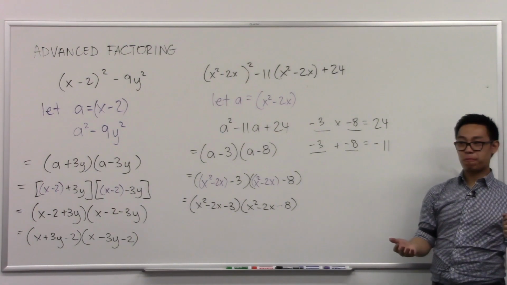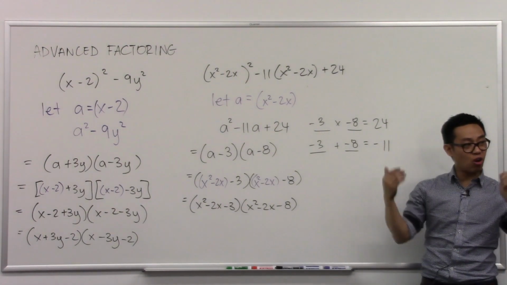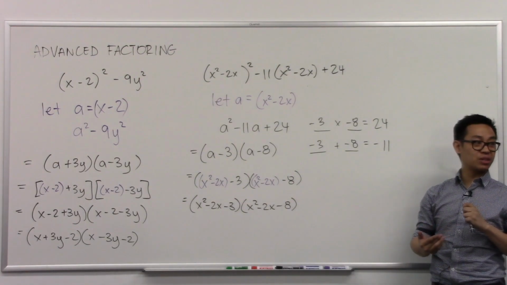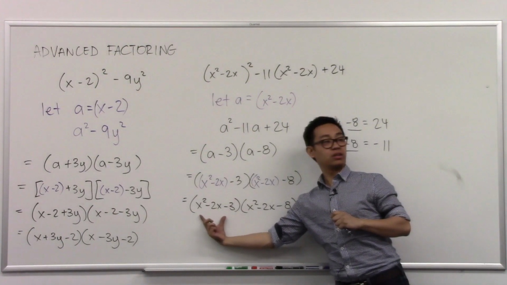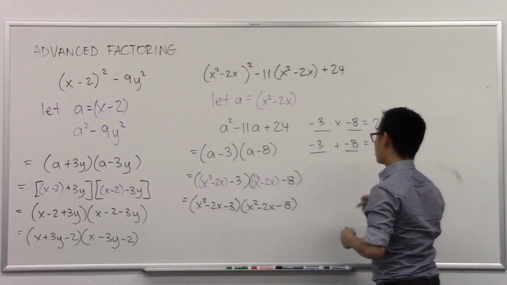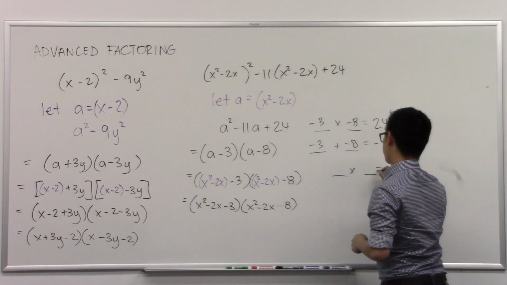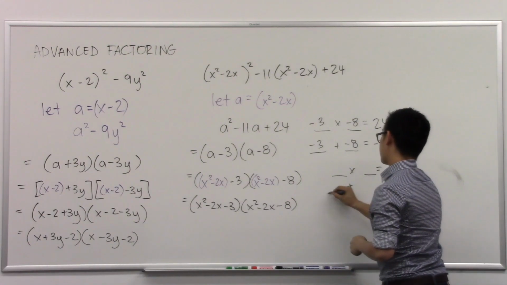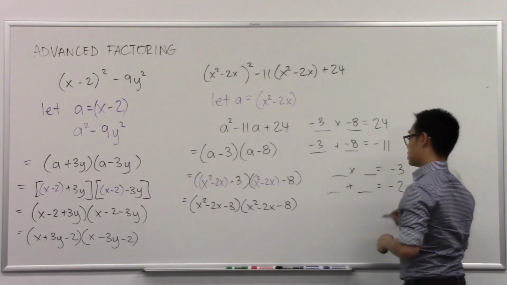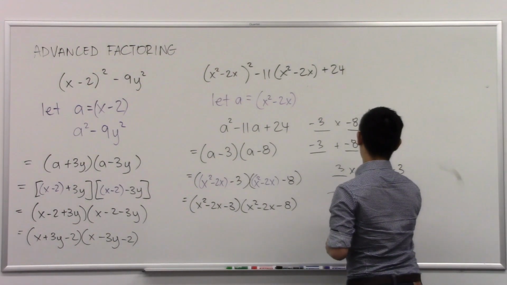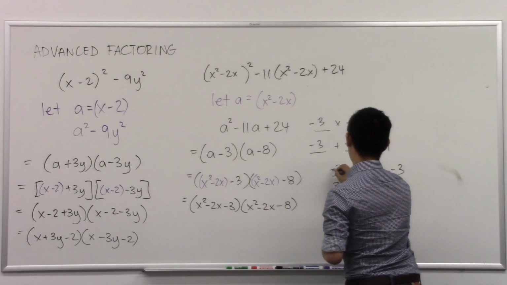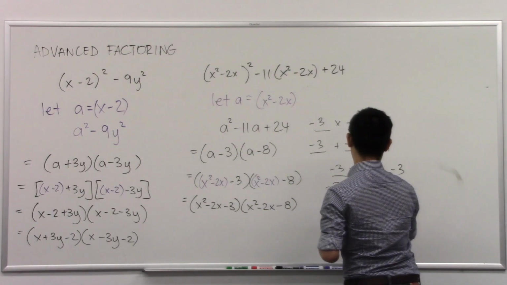But we're not done. Why? Because you should always look within each bracket to see if you can continue to factor. This is factorable. It's a trinomial. You can find two numbers that multiply to make -3 and add to -2. Those numbers are -3 and +1.